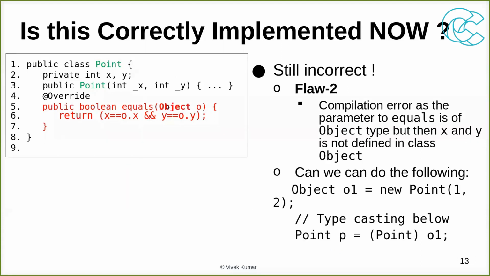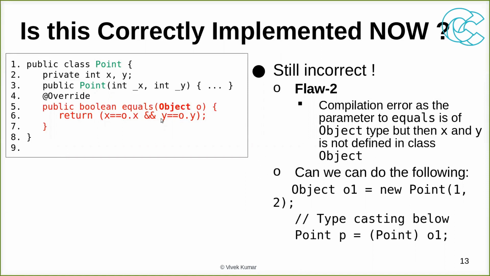Second, this is still not correct. Let's say you have fixed that issue and replaced the Point data type here with the Object data type, which is supposed to be the case, because this is how it's defined in the Object class.